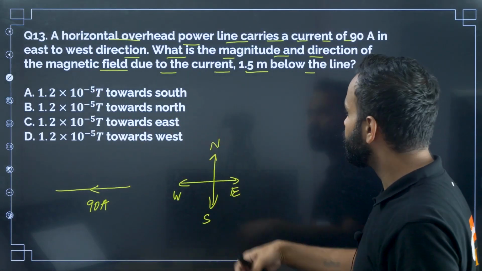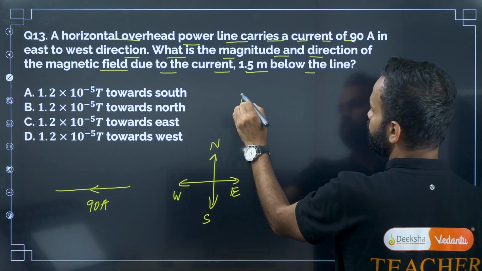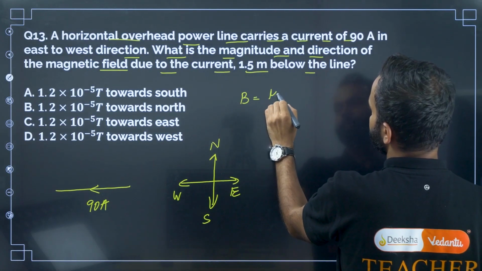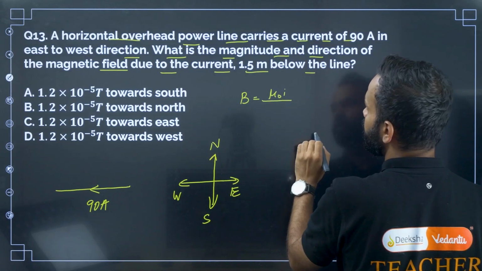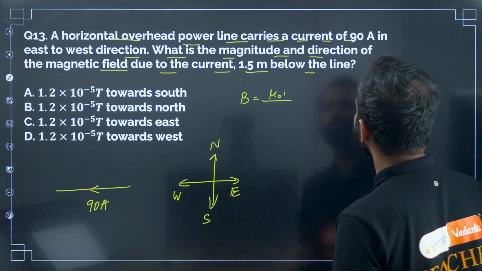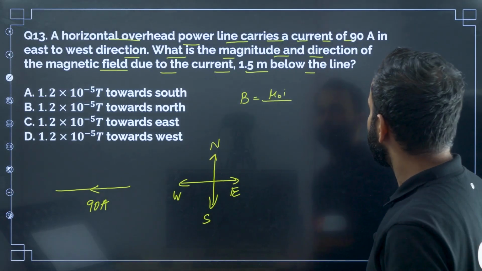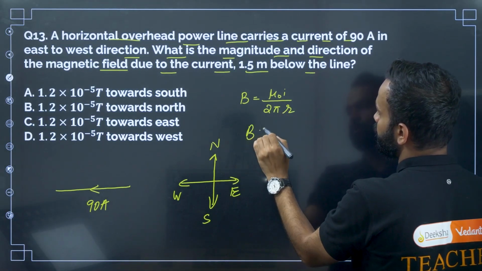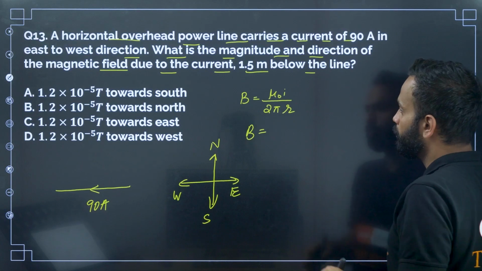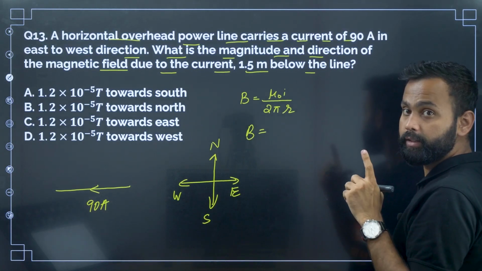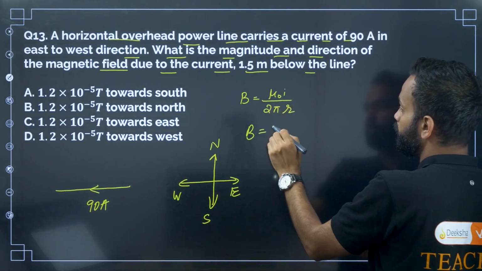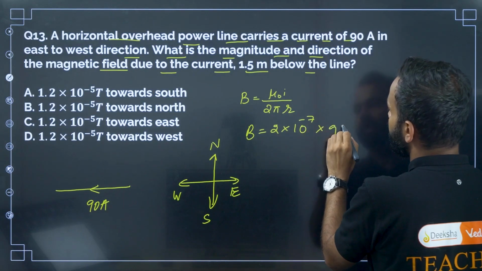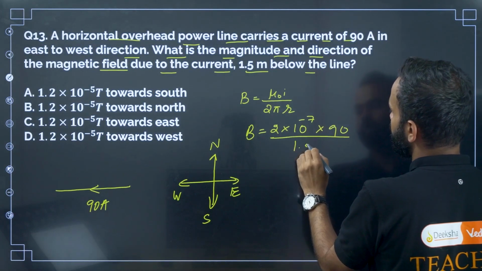Okay, let's find the value of the magnetic field. Here the magnetic field B is equal to mu naught I divided by 2 pi r, right? So B equal to mu naught divided by 4 pi, sorry, mu naught divided by 4 pi is 10 to the power minus 7. So mu naught divided by 2 pi is 2 into 10 to the power minus 7 into I, that is 90 ampere, divided by r 1.5.